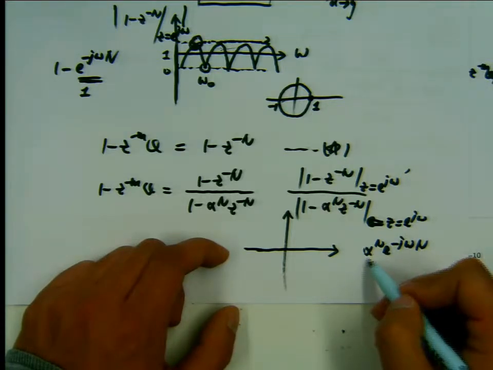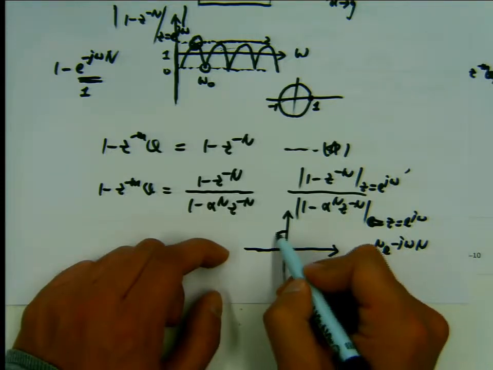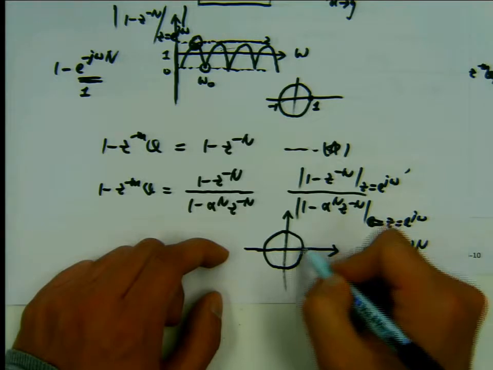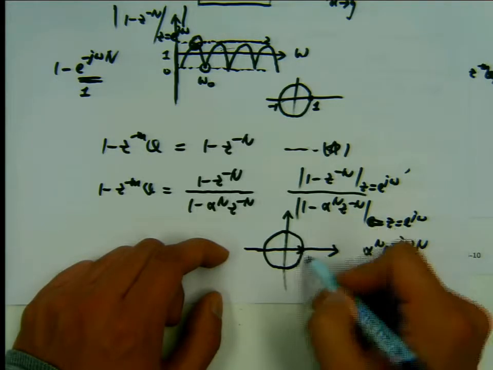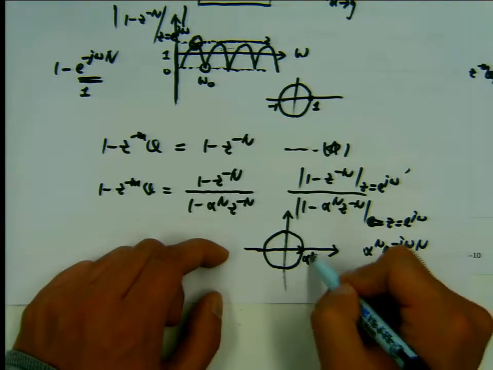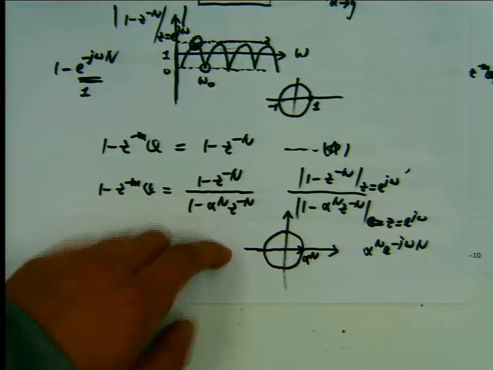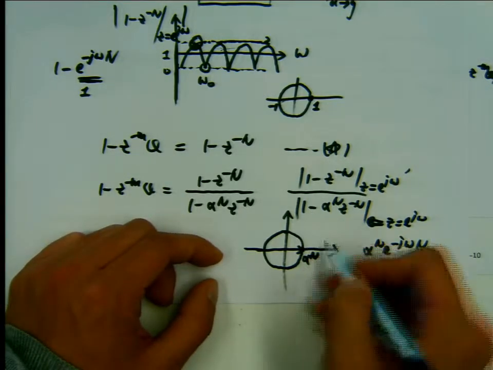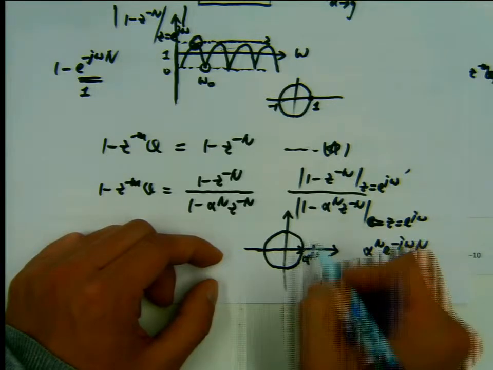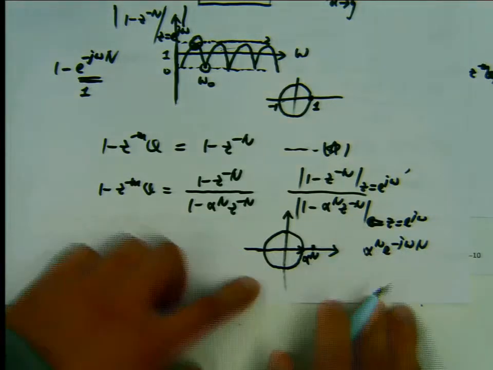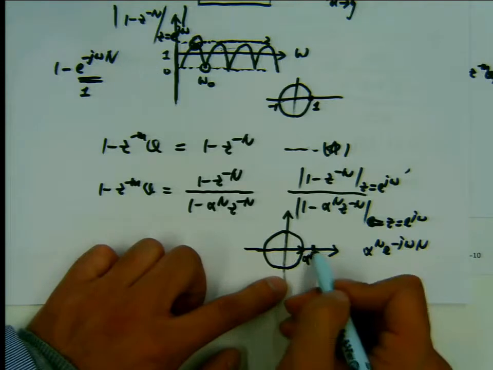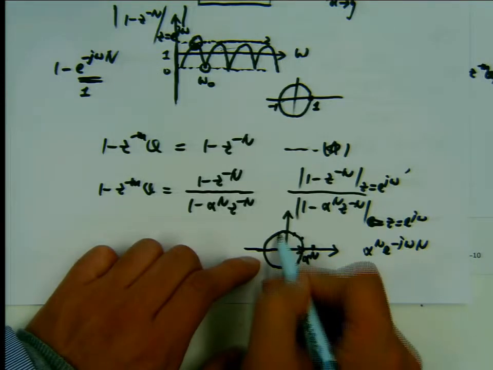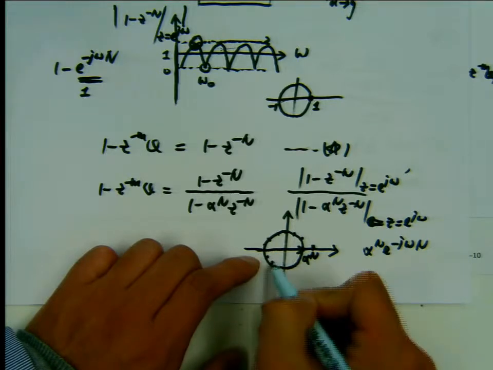The magnitude of this whole thing is actually going to be α^n. This length, radius is α^n. Okay? So is this guy, is 1 minus this guy. If I have 1 here, okay? So it's going to be 1 minus the points on this circle.